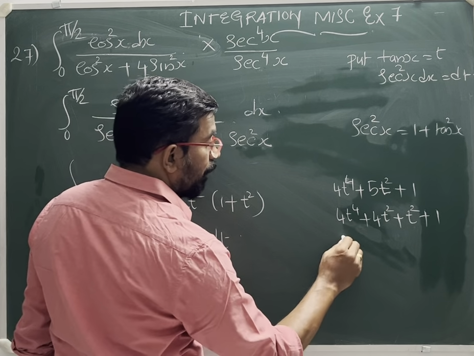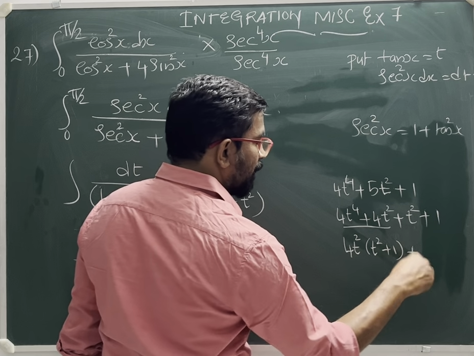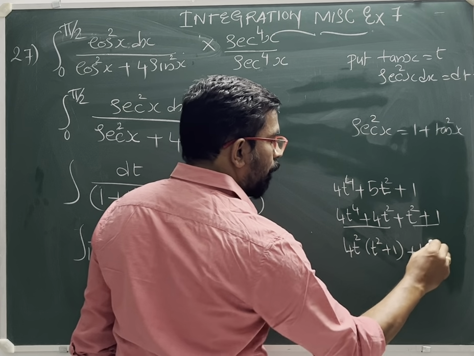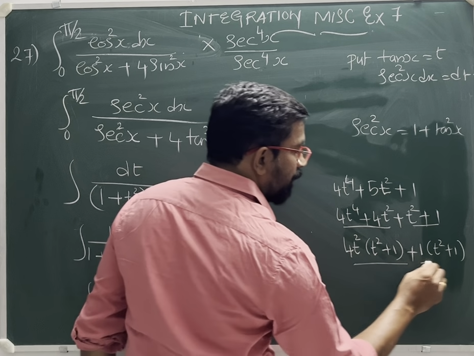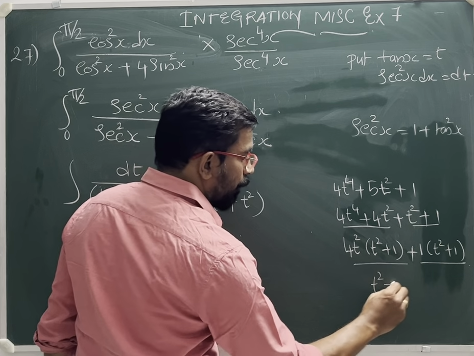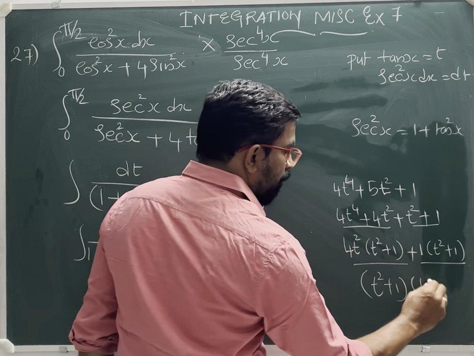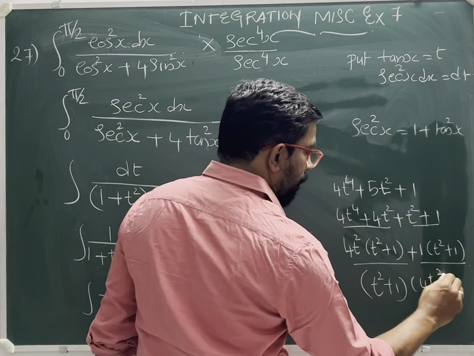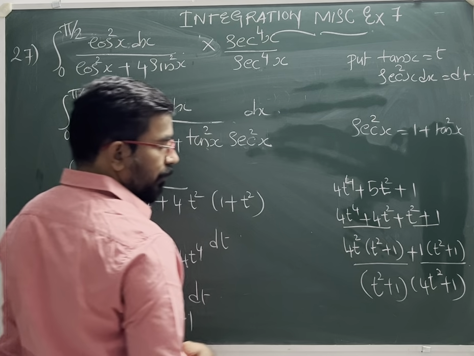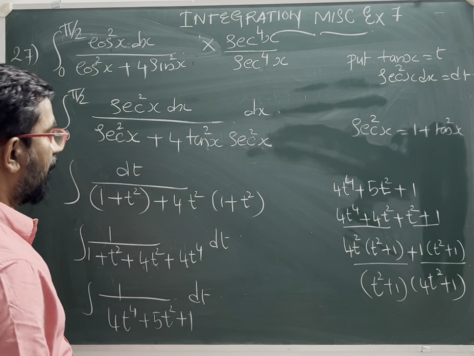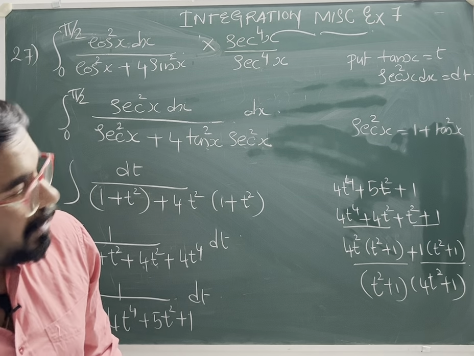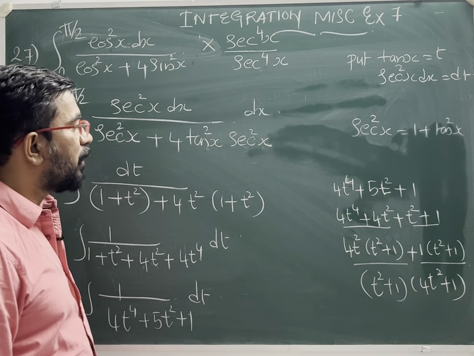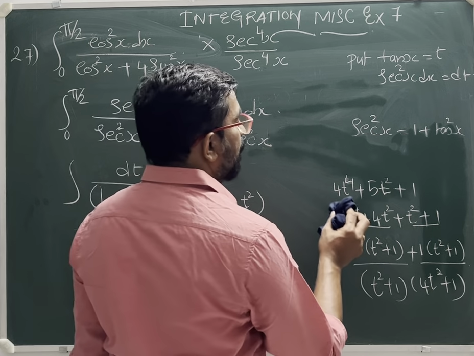What is left? t square plus 1. Plus, from here I will take 1 as a common factor: t square plus 1. Now from these terms, t square plus 1 is the common factor, into 4t square plus 1. Now the denominator got factorized. So from the next step onwards, I am going to write it here. So let me erase this part. This you keep in mind.